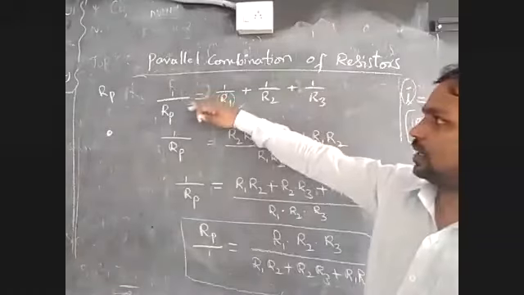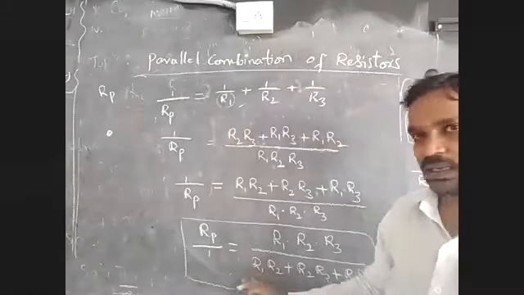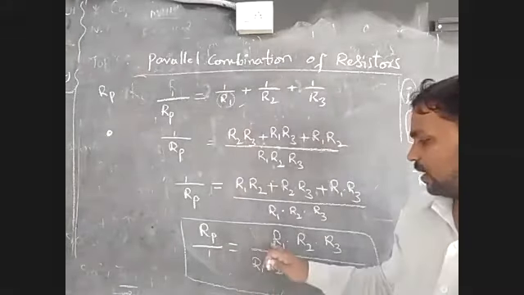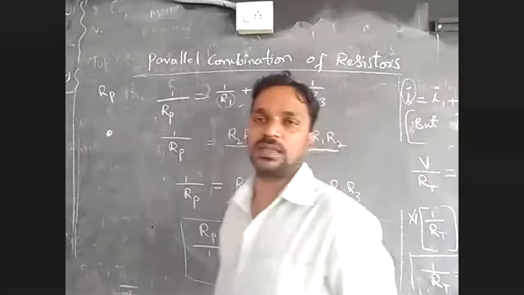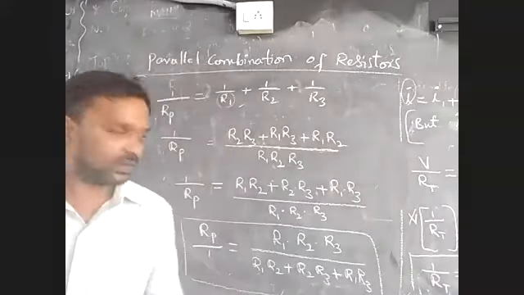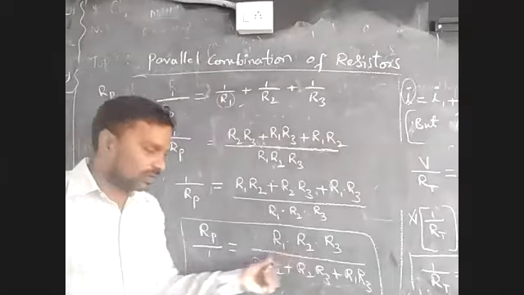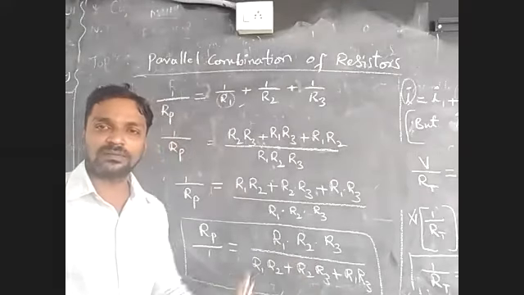Up to here only we have in the textbook. This is the extension. If there are two resistors, R1 and R2, right? R1 into R2 by R1 plus R2.